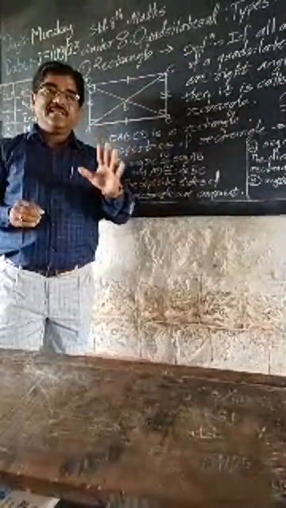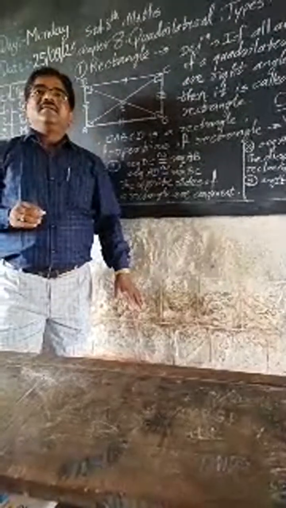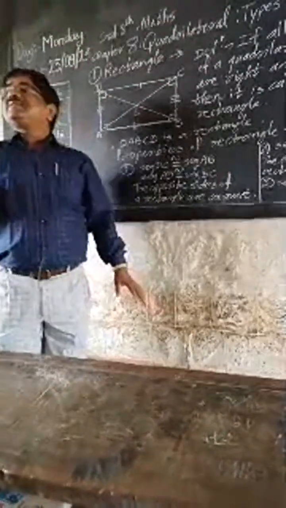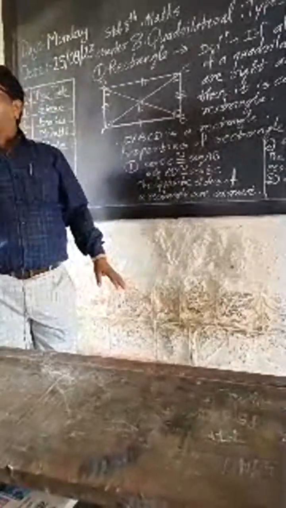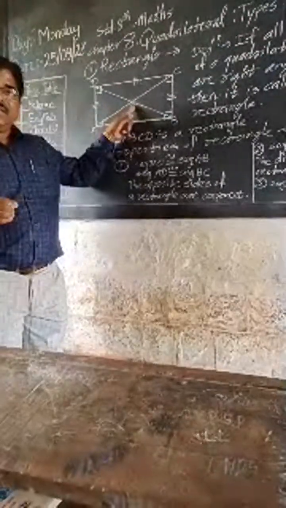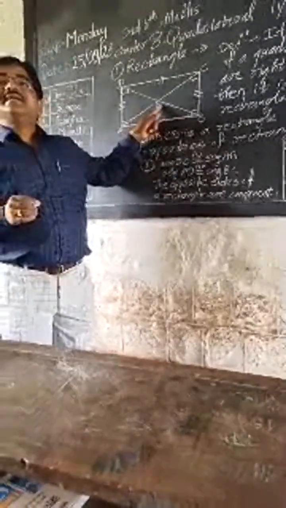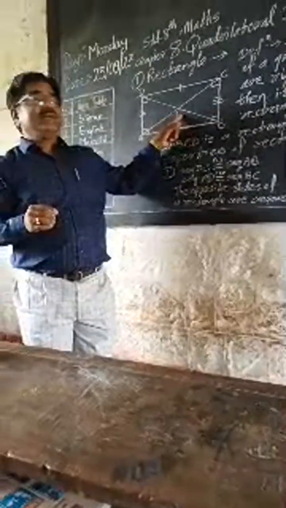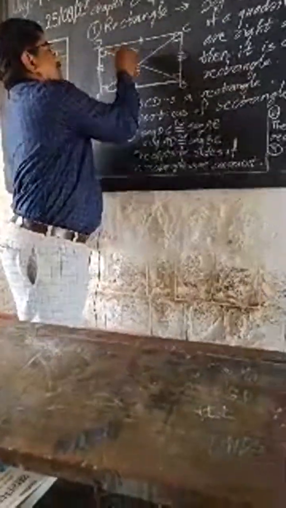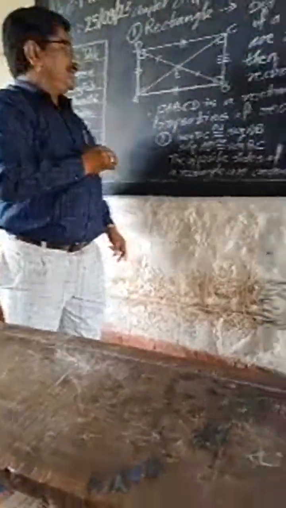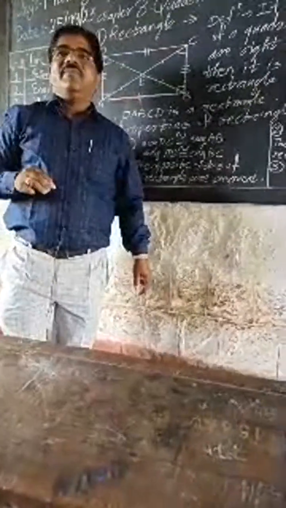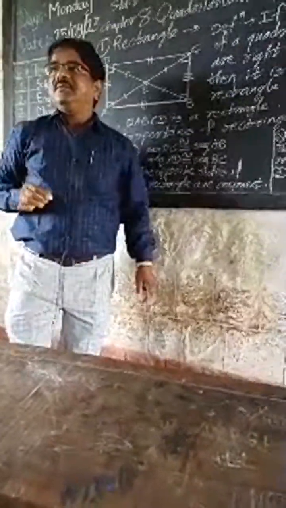Means what we say, both diagonals intersect in point E. Intersect means chedne in Marathi, but both parts are similar. These parts are also similar. What do we write as conclusion?